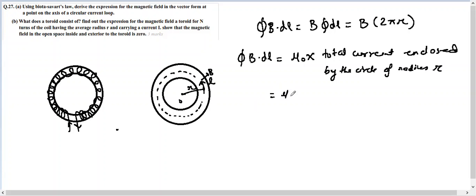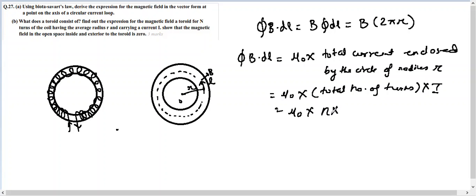So we can write it as mu naught into the total number of turns into I, so mu naught into n into 2 pi r into I. Let's name the first one as 1 and this one as 2.